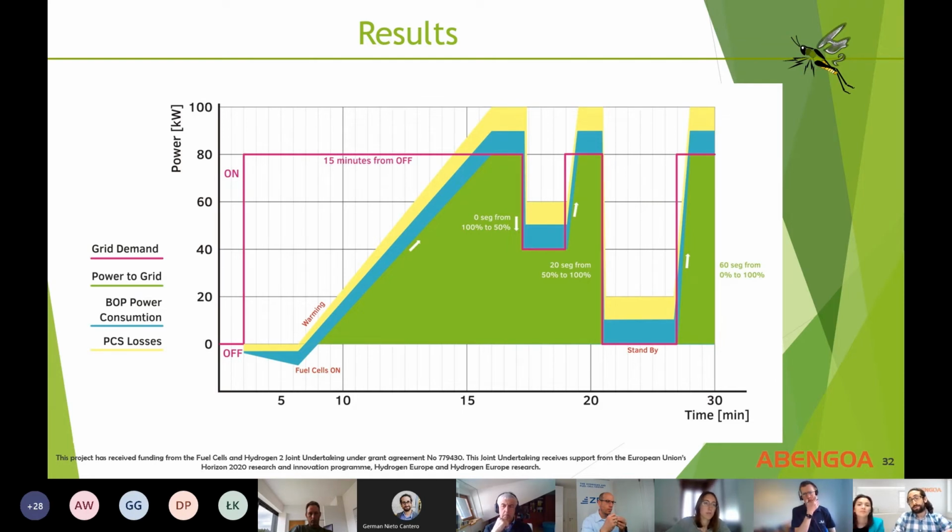The loss of the power conditioning system, though, will be greatly reduced in a megawatt scale system, because this is a small system, a small plant. The losses are bigger than we should expect in a commercial plant in the power conditioning system.